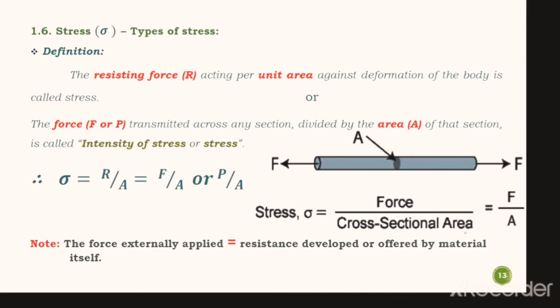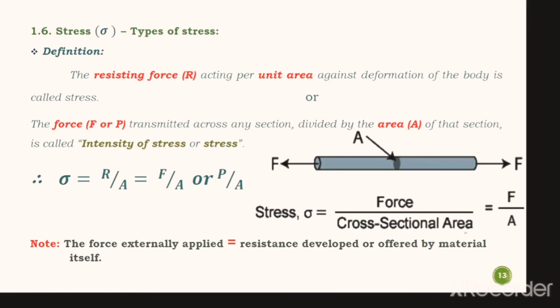Okay, so if you see here, we are going to discuss about stress. So stress is the most important parameter, or the term that you are going to hear repeatedly, as I said earlier. So what is stress and how do you define stress? Okay, as I said earlier, when you are applying some force on a body, that body is also going to apply equal and opposite force onto your body.